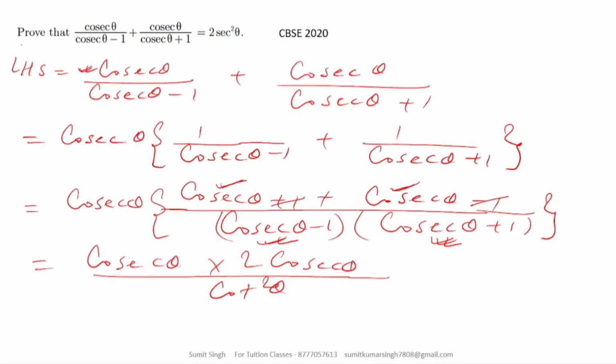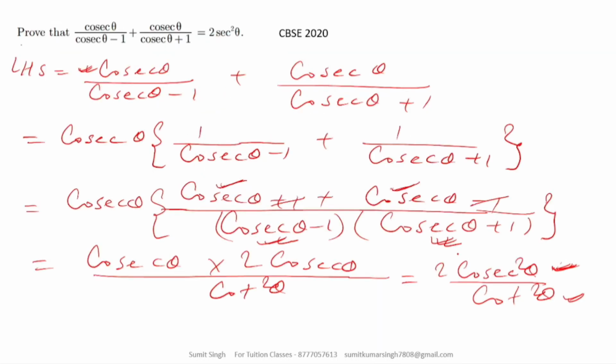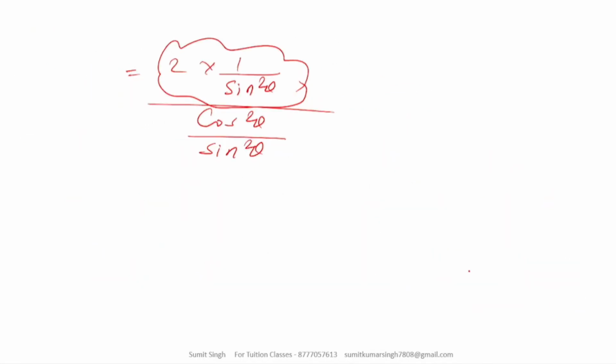So from here we will change all cosec and cot into sine forms: cosec square theta as 1 by sine square theta and cot square theta as cos square theta by sine square theta. So we can write this cosec square theta as 1 by sine square theta, and this cot square theta as cos square theta by sine square theta.